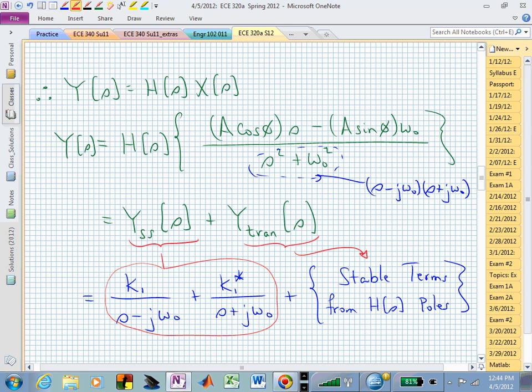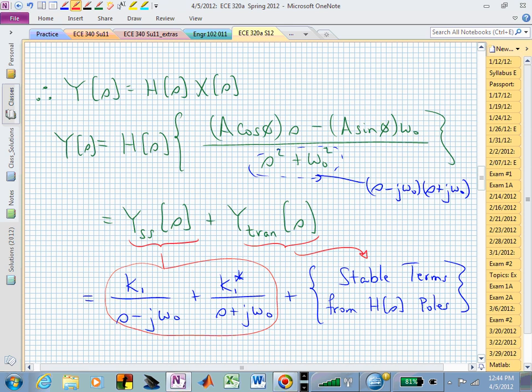They're all going to disappear eventually, and all we want to do is concentrate on the first 2 terms in this partial fraction expansion for capital Y of S. And if we can find K sub 1, then we can basically inverse Laplace transform capital Y sub SS to obtain the answer that we need.